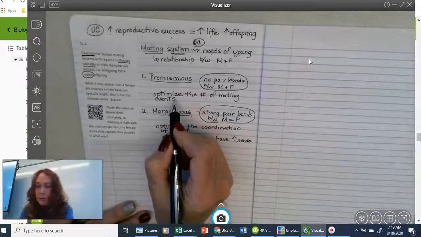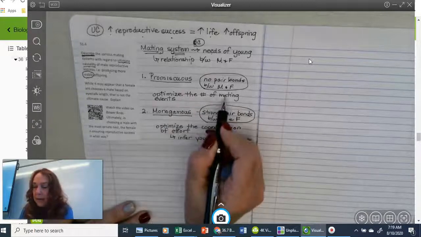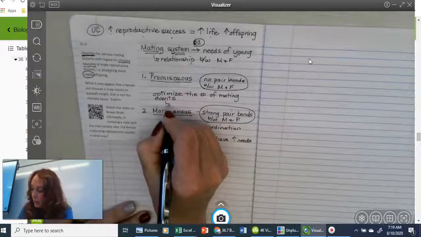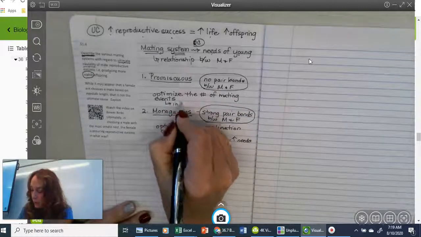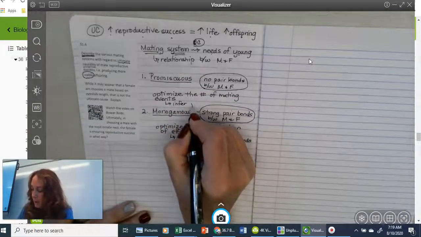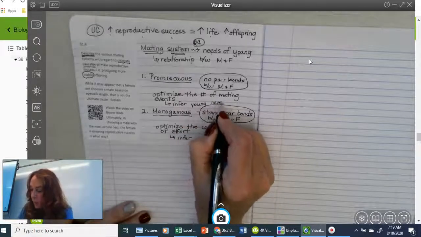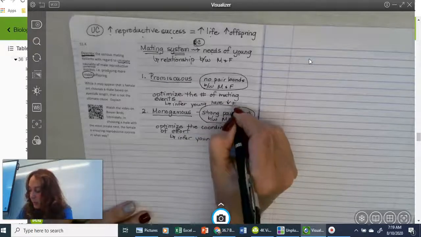So let's think about up here. If it's all about mating, I bet it's not all about the young. So this is going to infer that the young are pretty self-sufficient. And when they're born, they're probably on their own.